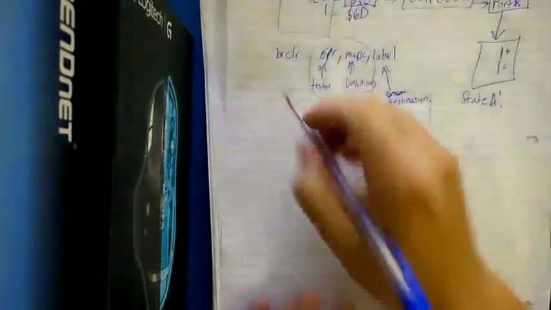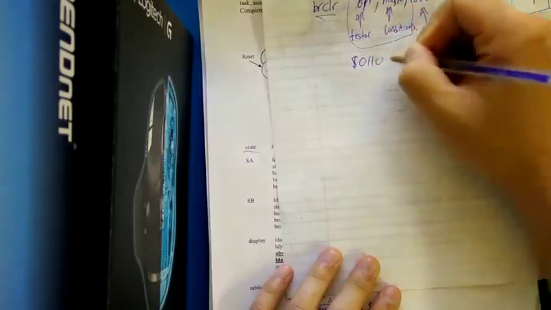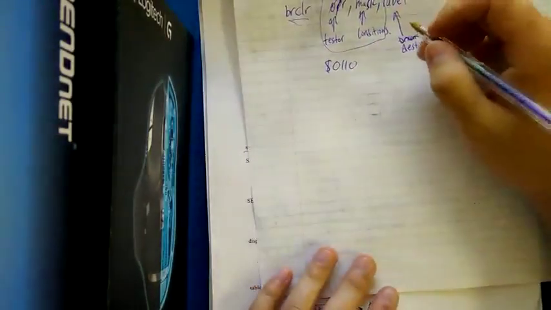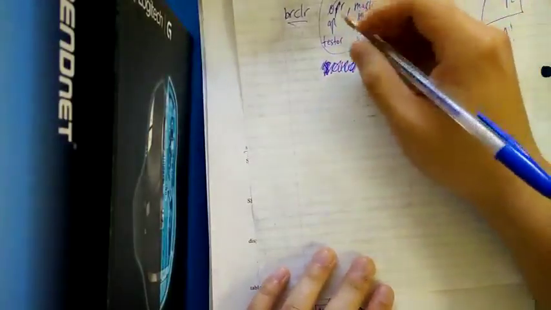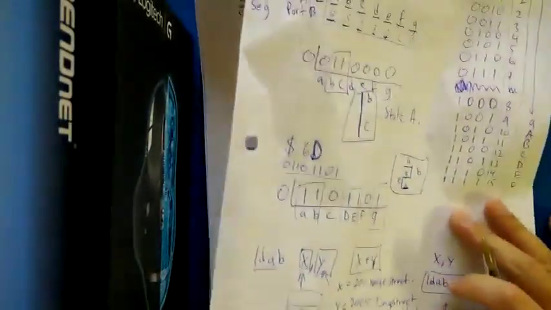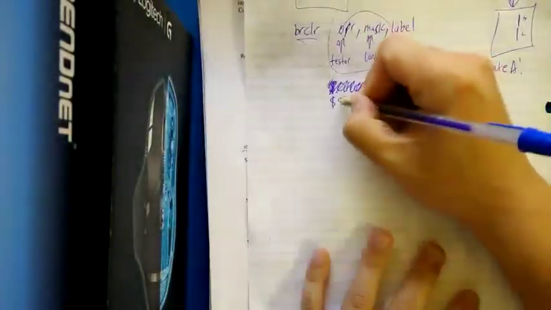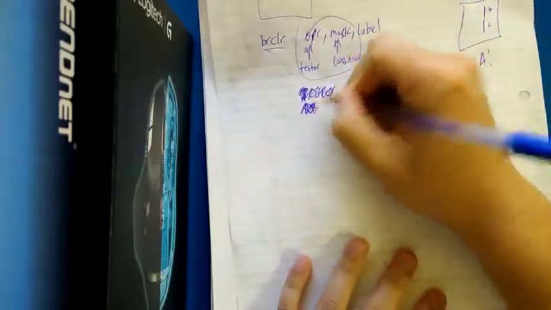Okay, so branch clear, what it does is whatever mask you apply, right? Let's say this guy is 0110. Let's just say that this guy is what on our hex table. Let's say it's 08.